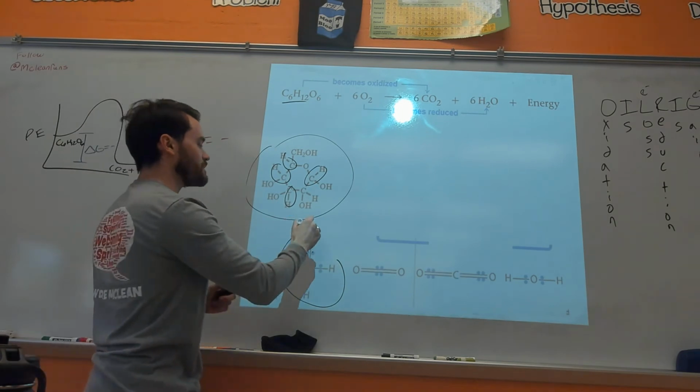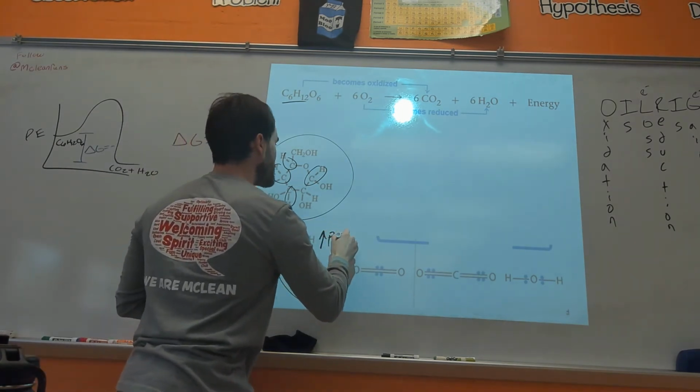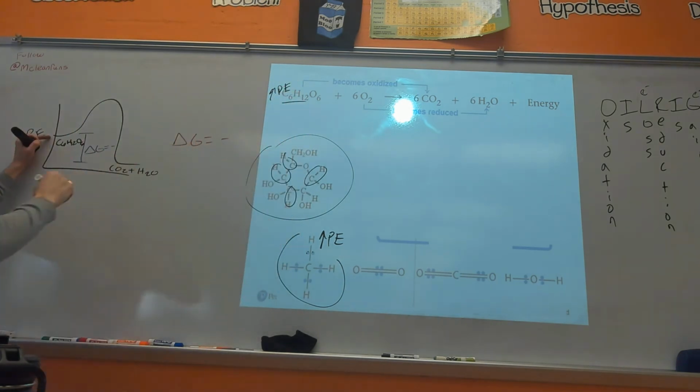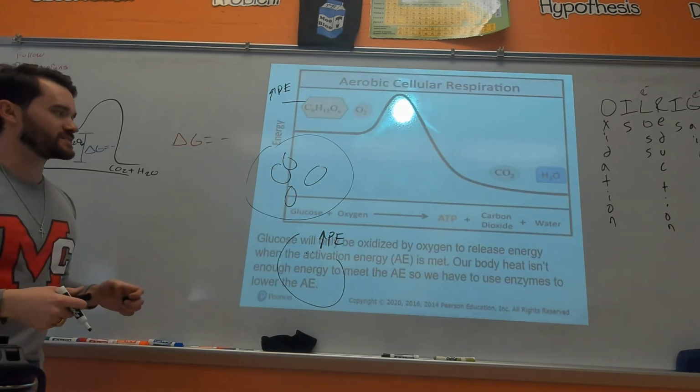That has a lot of potential energy. So here in glucose, high potential energy, right? It's higher up on our energy diagram. So whenever we oxidize and we strip away those electrons and stick them with a more electronegative atom like oxygen, that releases energy. All right. Hope that makes sense.